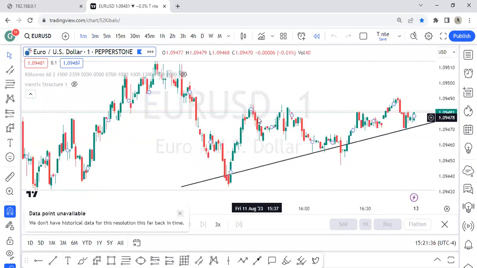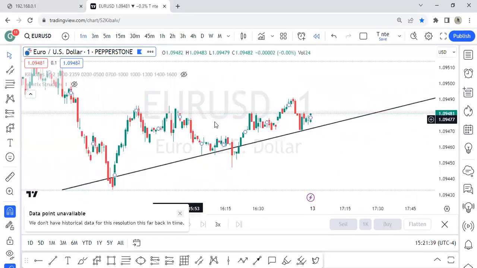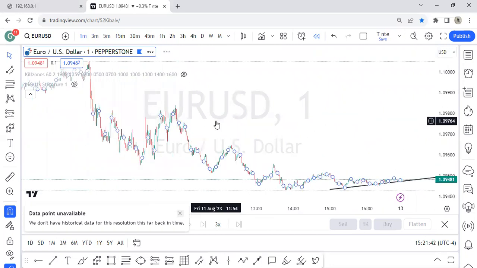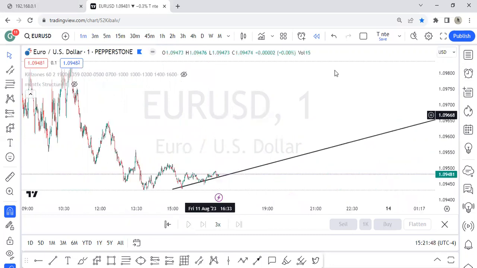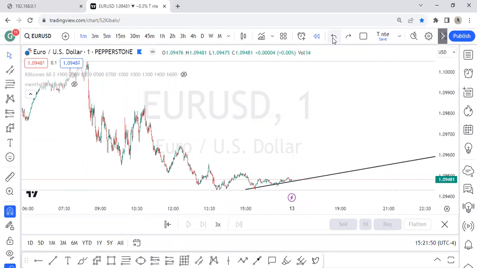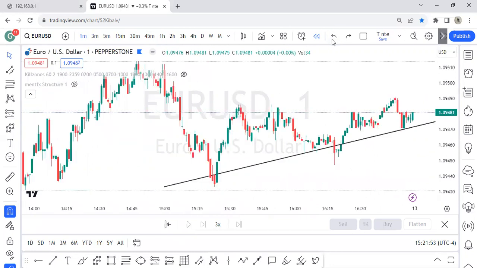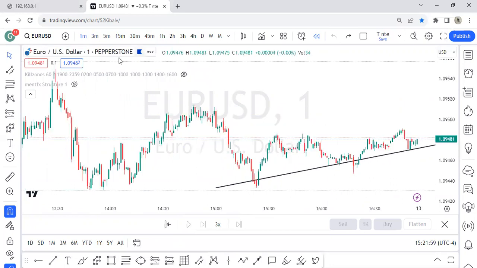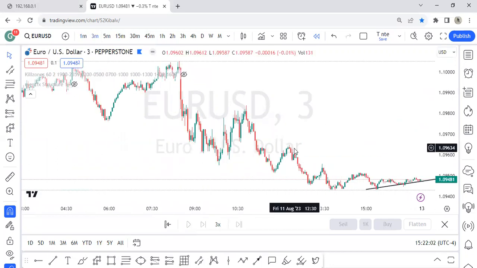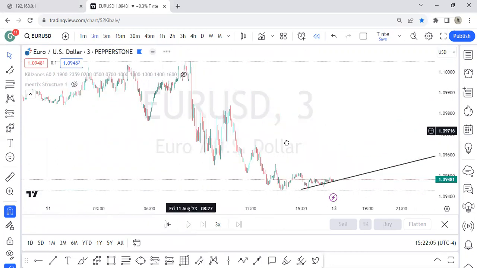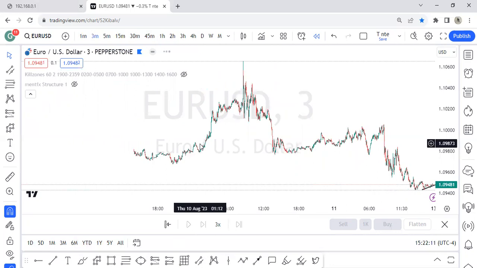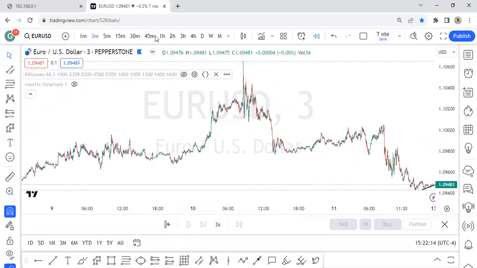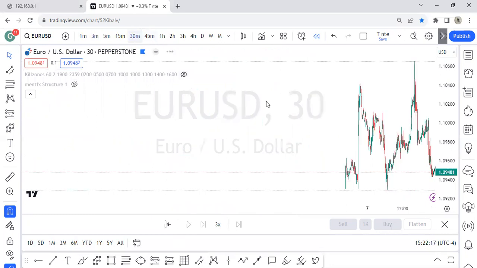All right, so where was I? Oh, where am I? This is about 3 minutes. So I've forgotten where I was on this chart. I think it was in the imbalance area. Sorry, let me find where I was.